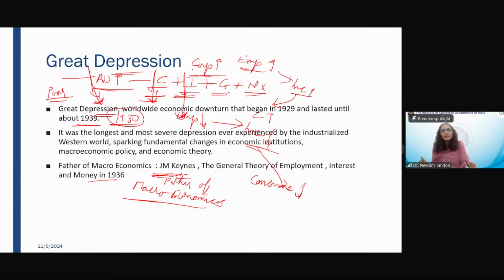Once demand was created, corporates started producing, and the economy was back on track, because of this concept introduced by John Maynard Keynes in his book The General Theory of Employment, Interest and Money, written in 1936.